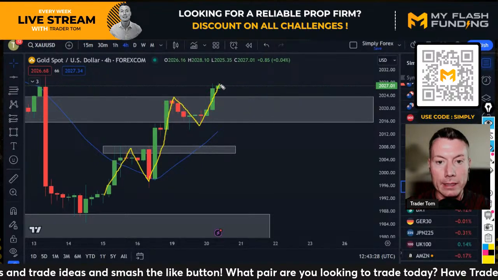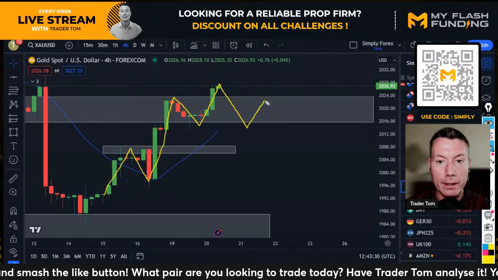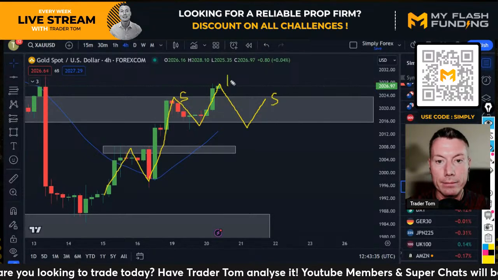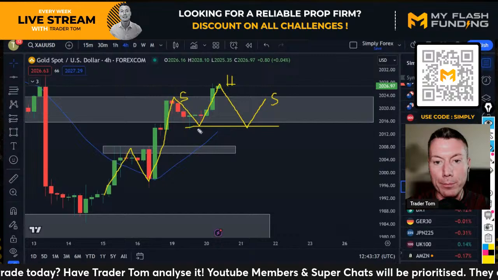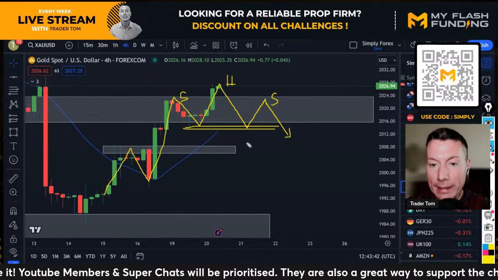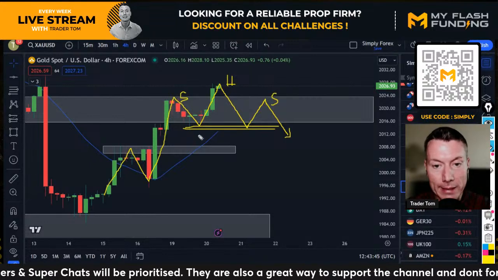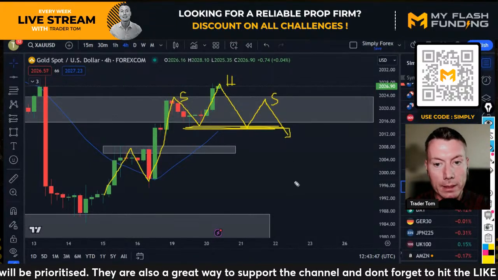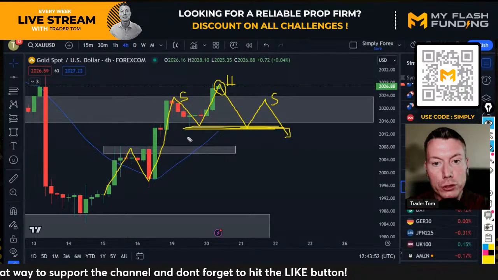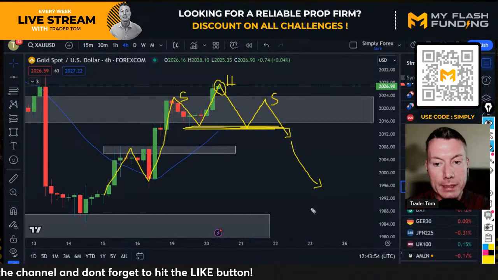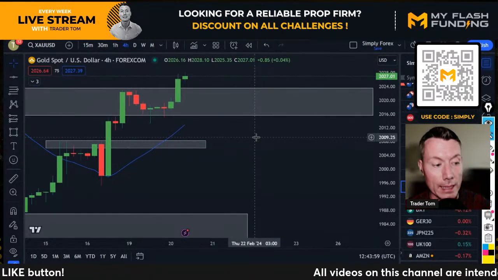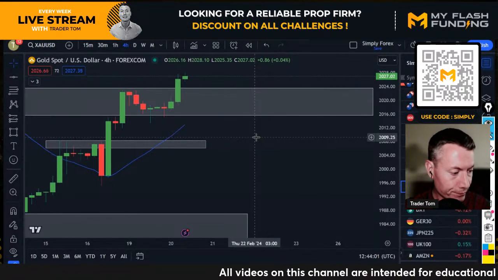Perhaps the market comes back down here, bounces up, maybe we get a head and shoulders pattern, and then we break this level. Once we break that level, it looks like a very nice sell on gold. But up here, not at all. So wait for structure to break down, and then potentially you'll have a nice trade. I wouldn't be selling gold right now, that's for sure.